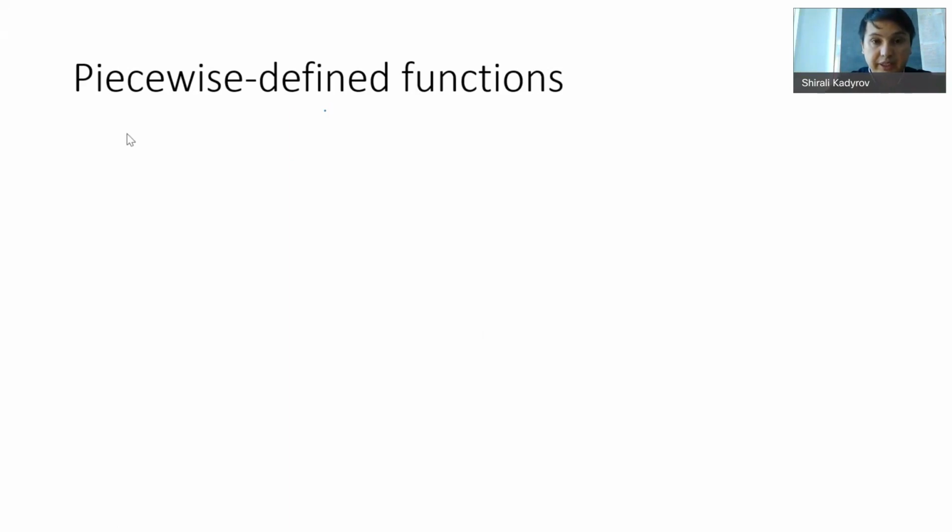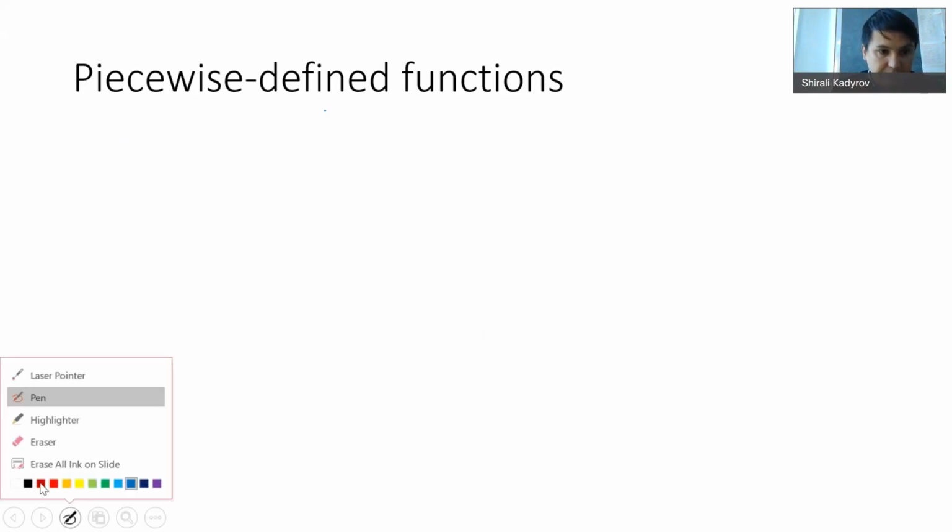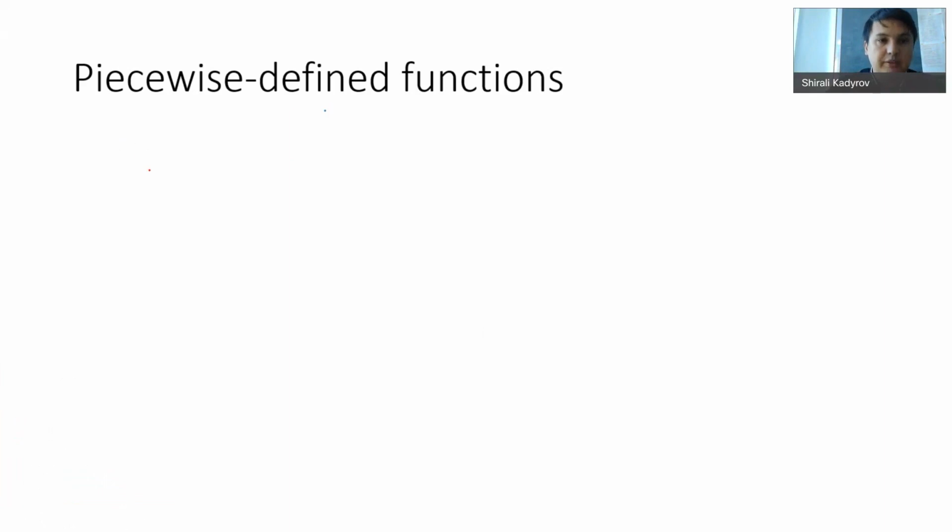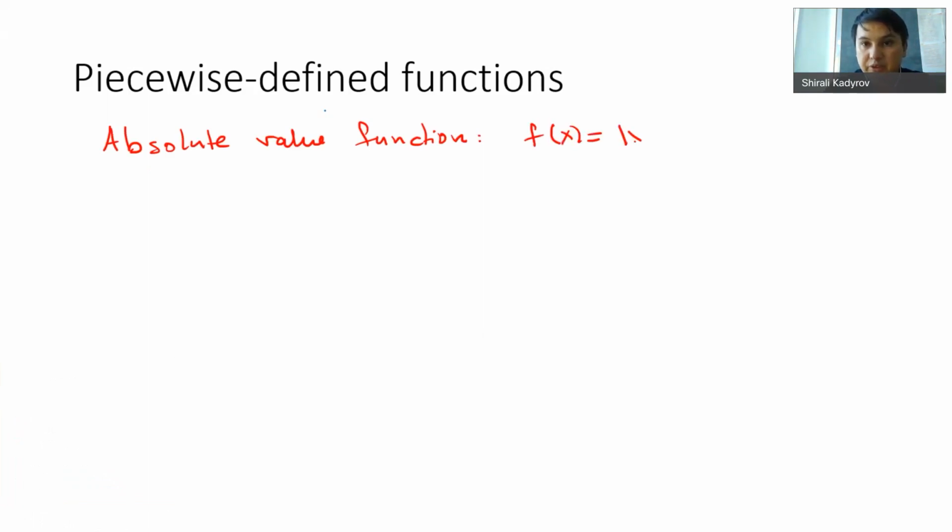So a nice example comes from the absolute value function, and it's a very important function, in fact. So what is the absolute value function? We all know it. f of x is equal to absolute value of x, modulus x, right?